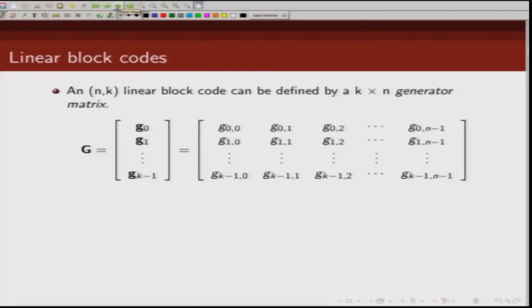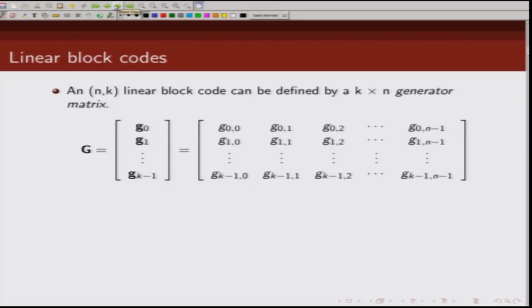For an (n,k) linear block code, the mapping of k information bits to n coded bits is defined by this generator matrix G, which is of rank k.